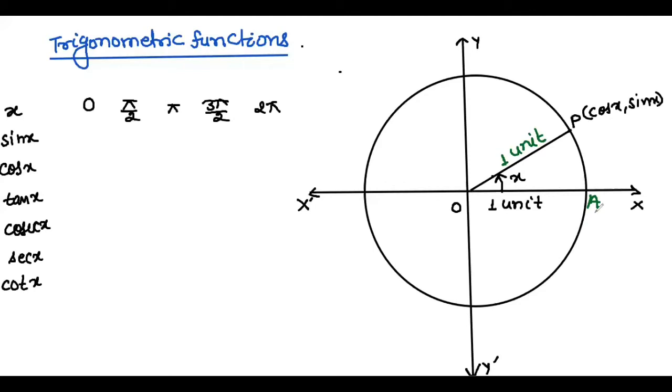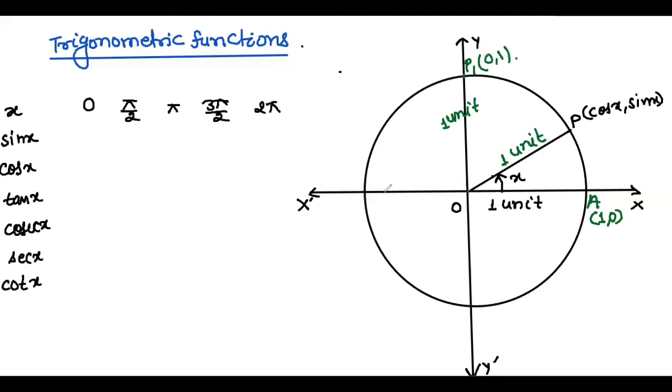So coordinates of A will be 1, 0. Similarly, OY is the positive side of y-axis, and this is 1 unit. If this point moves in this circle, it will be P1. So coordinates will be 0, 1.